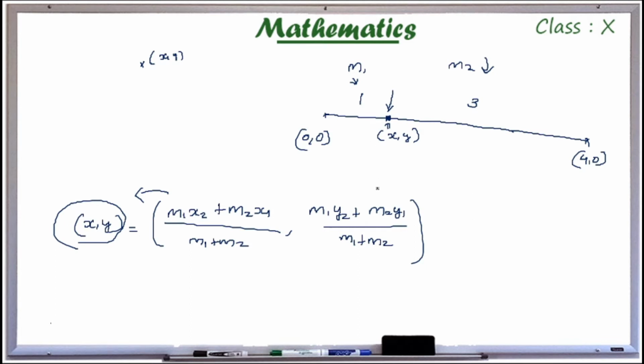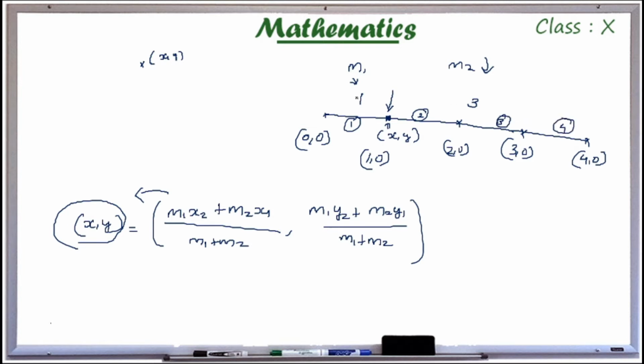So in this example I can check. Look at this, between 0, 0 and 4, 0, if it is divided in the ratio 1:3, it will be 1, 0. I can check 2, 0, 3, 0, 4, 0. I have here 4 parts: first part, second part, third part, fourth part.